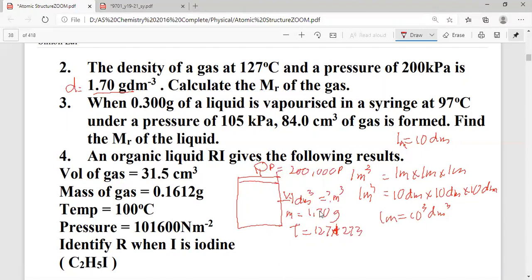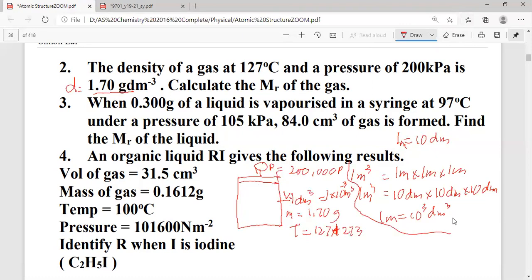So to change to meter cube, very simple. So 1 we divide by the power of 3, is it? So it's 1 times 10 to the power of minus 3 meter cube.